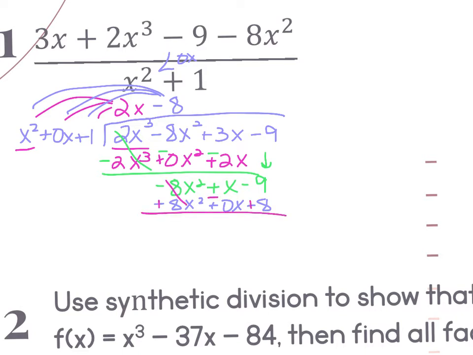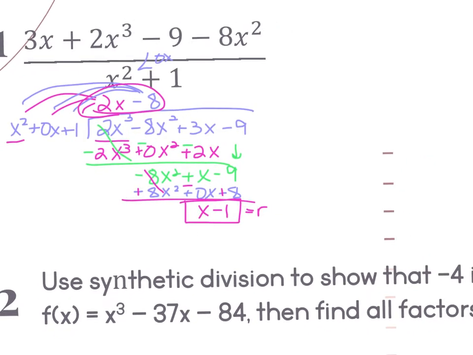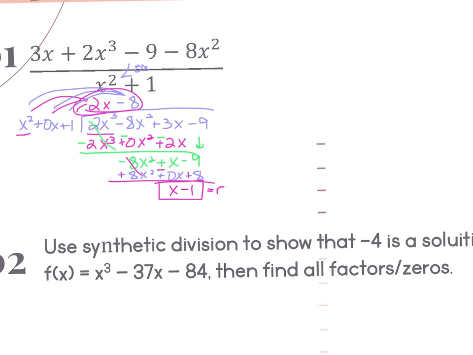Cancels. Positive x minus 0x would be x. Negative 9 plus 8 is minus 1. So then this is the remainder because I can no longer divide x squared into that. And this is my quotient. And the way we write that answer would be 2x minus 8 plus x minus 1 all over the denominator x squared plus 1.